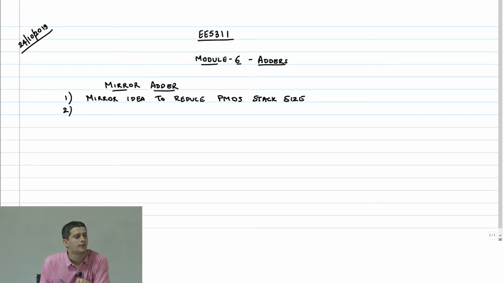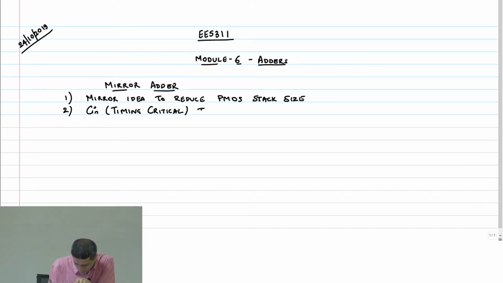Then we assigned the carry, C in, which is the timing critical signal, to the transistor of least logical effort.